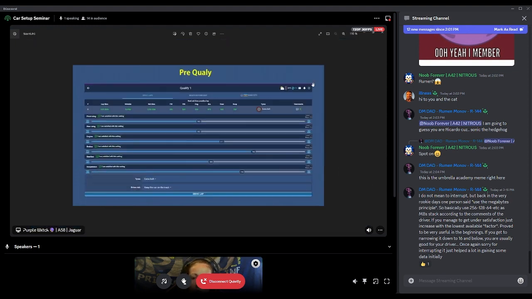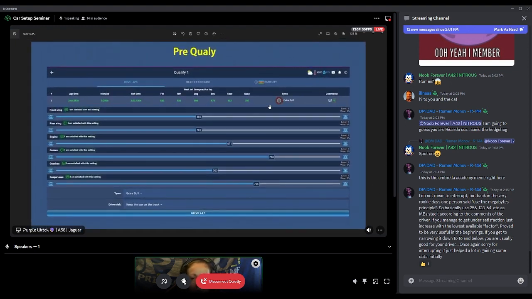So this is previous to quali. Here it's the quali 1 screen. And the values that are set here for the parts are these values I told you that we were going to be taking down notes.